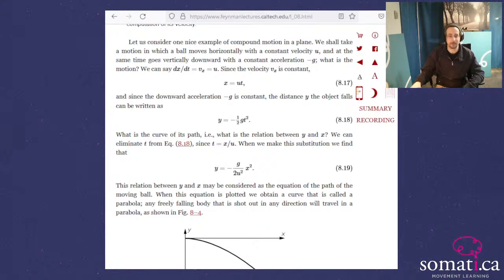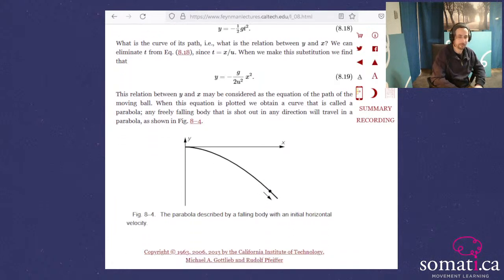Interesting. Negative parabolic movement. Okie dokes. Well, that concludes the motion chapter.